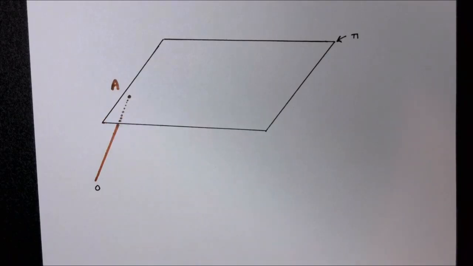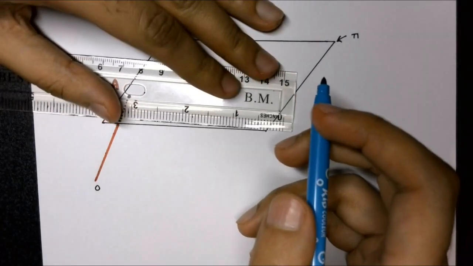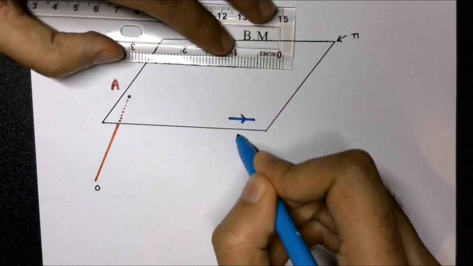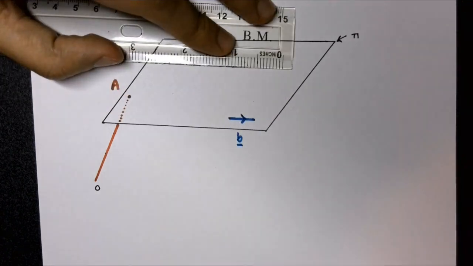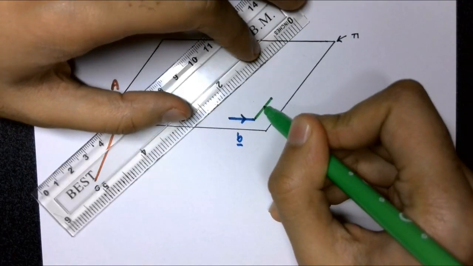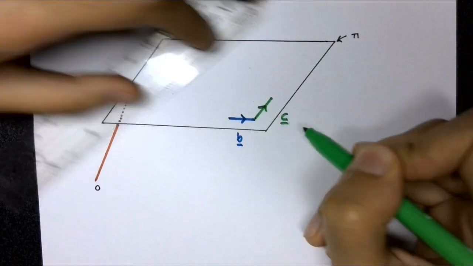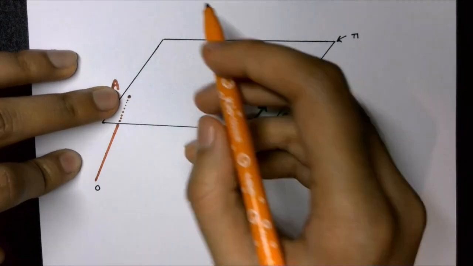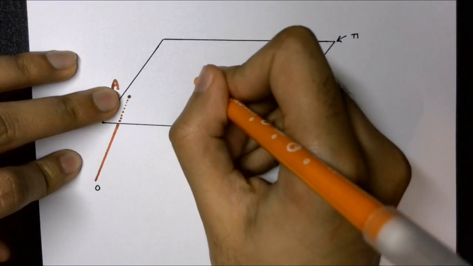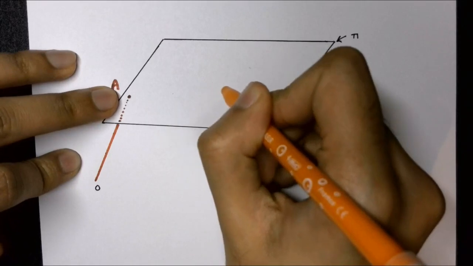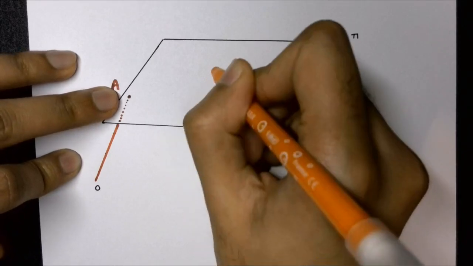Now we do have these non-parallel, non-zero vectors in the plane, so let's just show those over here. We've got a vector here, we'll call this B, and we've got another vector over here, we'll call this C. Now let's suppose over here we've got a general point, call this point R. Okay, we'll put R over here somewhere.